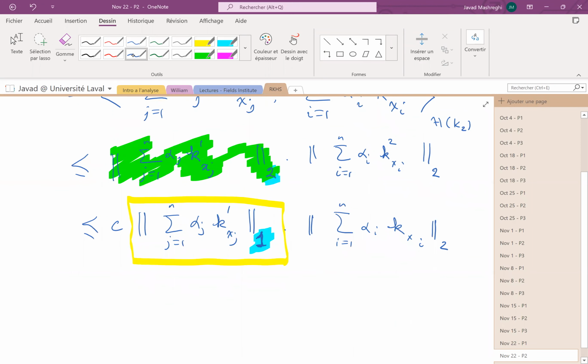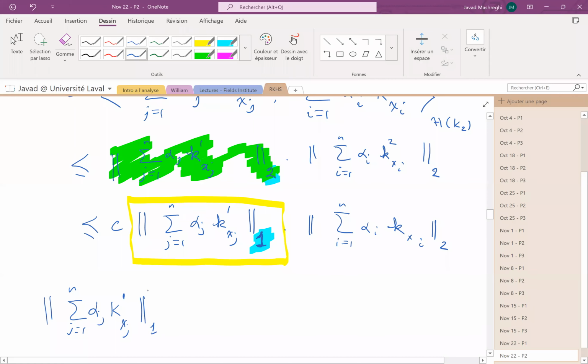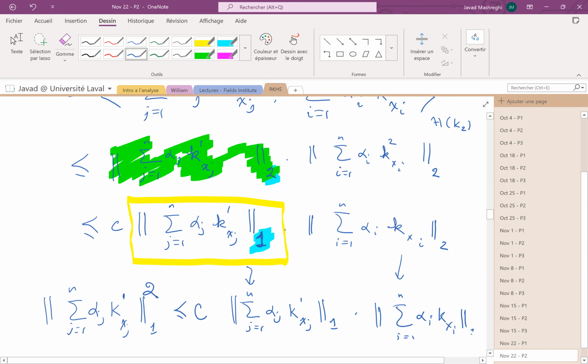In other words, we have shown that the norm of the sum over j from 1 up to n of alpha j k_xj in space 1, squared, is less than or equal to C times the same norm.